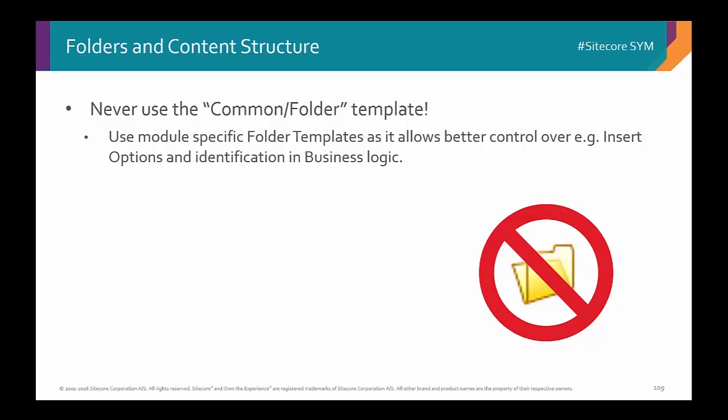Then those folders should be created in the events module and be part of that structure. Then you can go in there, set insert options on that specific folder, and it'll roll out across those thousands of folders that the customer has created.